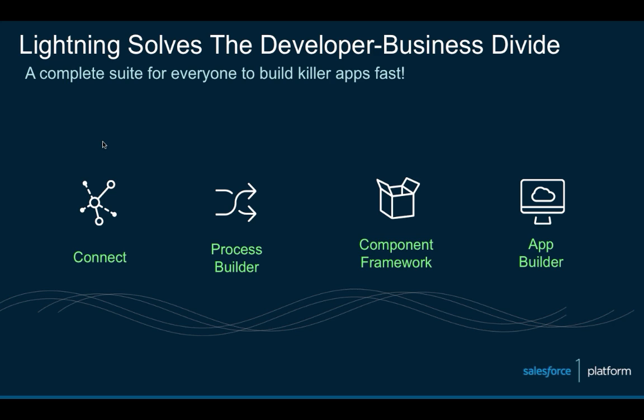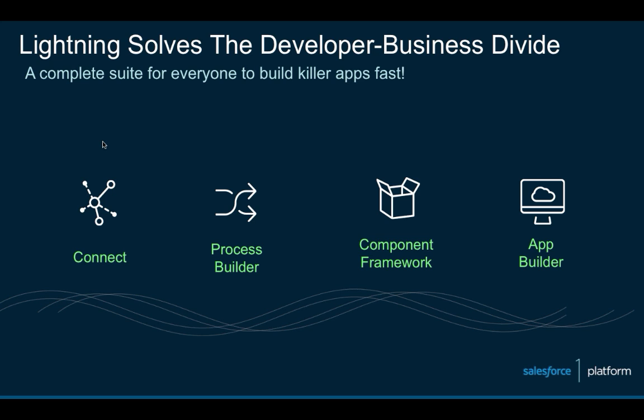So it's a really good specification that is going to cross the business application boundaries. We also have Lightning Process Builder, which is going to make it easy to implement very expressive and complex business logic that you can use on that data.